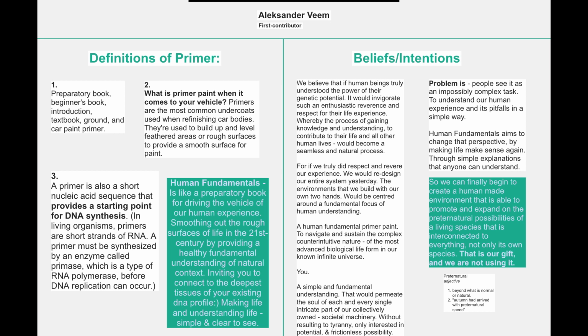Human Fundamentals aims to change that perspective by making life make sense again through simple explanations that anyone can understand, so that we can finally begin to create a human-made environment that is able to promote and expand on the preternatural possibilities of a living species that is interconnected to everything, not only its own species, because that's our gift as human beings, and we're not using it right now. Preternatural is defined as beyond what is normal or natural, like autumn had arrived with preternatural speed.